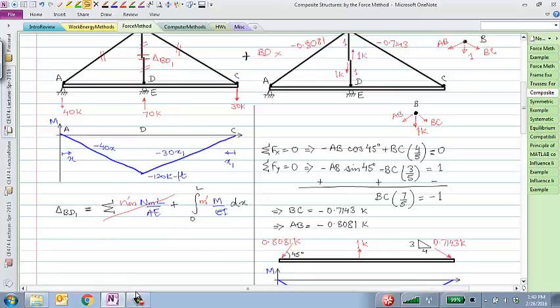And as we know that there's no internal energies built up within the truss members, so this term goes away. But for the beam part, we have the virtual moment with the real moment, times the real curvature, integrated from A to C. So let's first calculate this part.